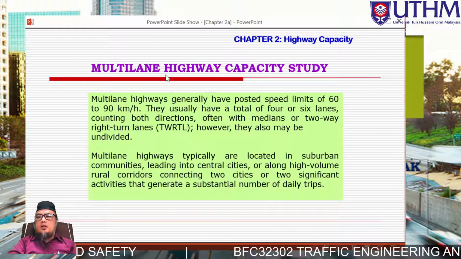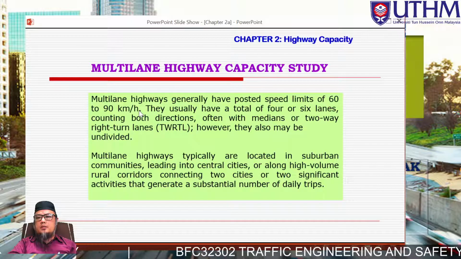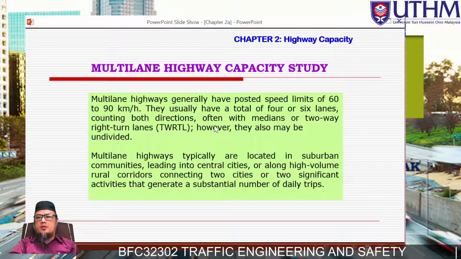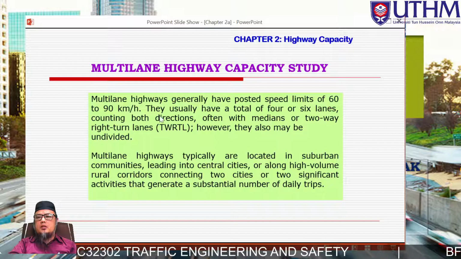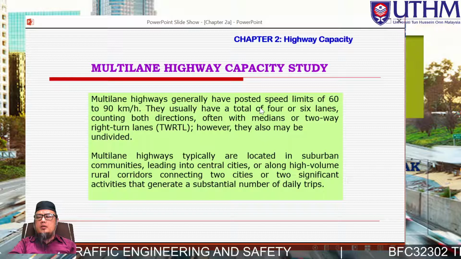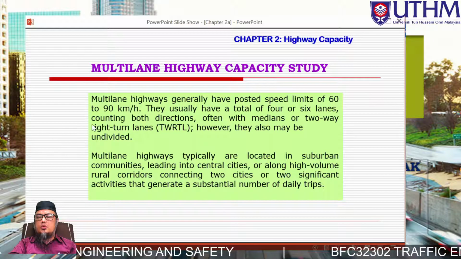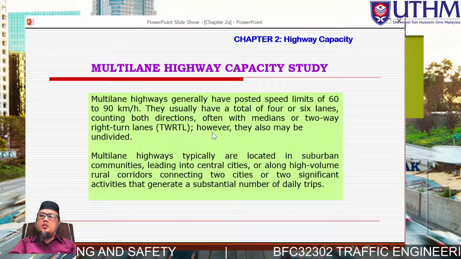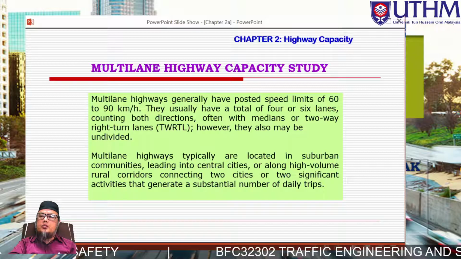Okay, multi-lane highway capacity study. If you look at the details in terms of features or factors, a multi-lane highway generally has a posted speed limit of 60 to 90 km per hour. They are considered federal roads, like Route 5, Route 4 and Route 3 as well.